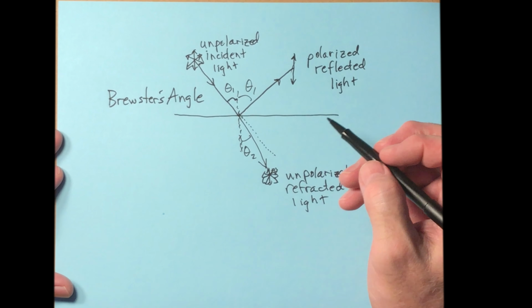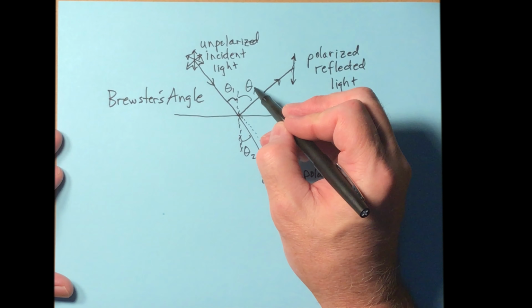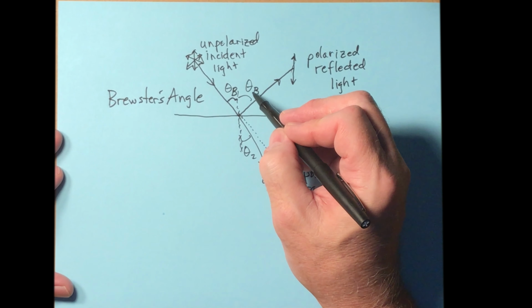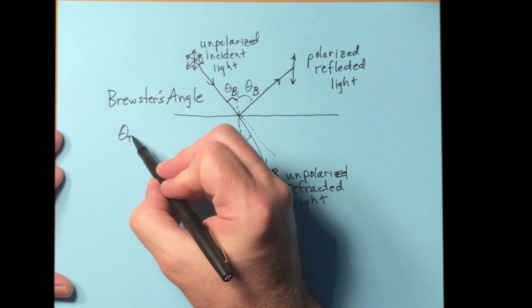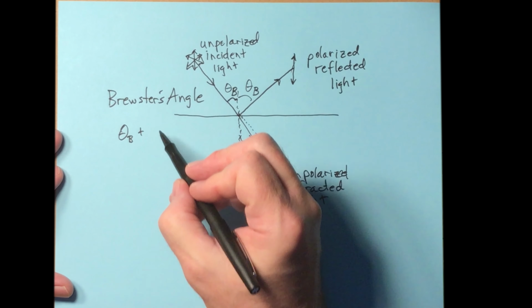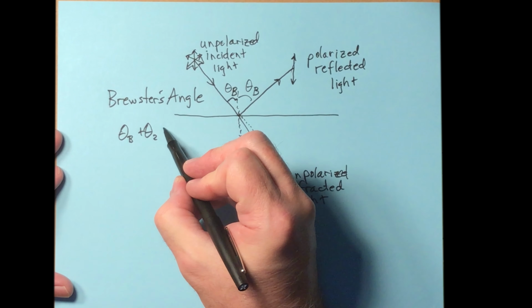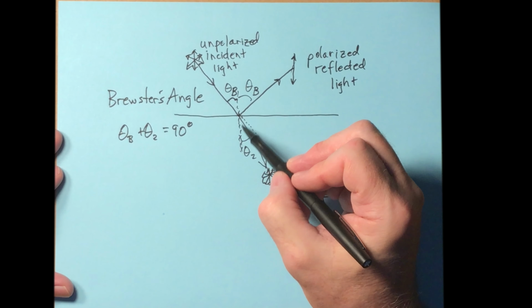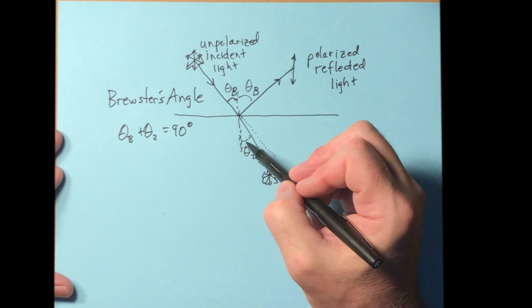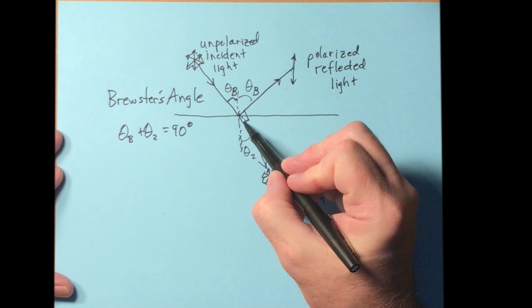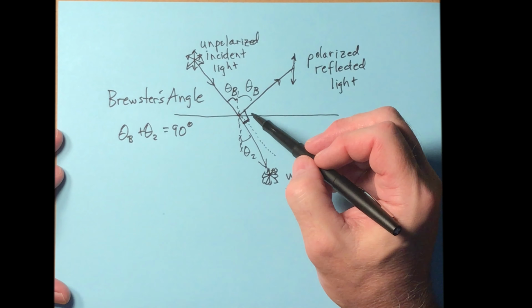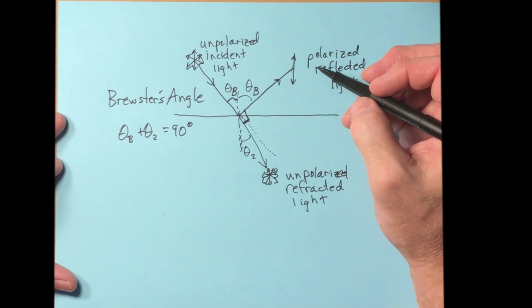And it occurs when, let's call this theta b now, theta b plus theta 2 is equal to 90 degrees. So when those two angles right there equal 90 degrees, there's a 90 degree here between here, then we have maximum polarization.